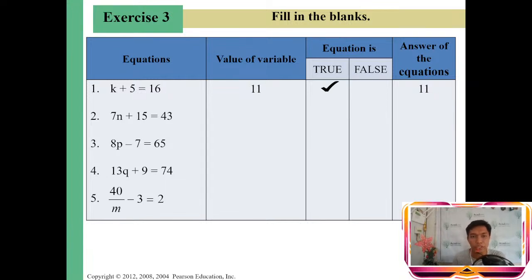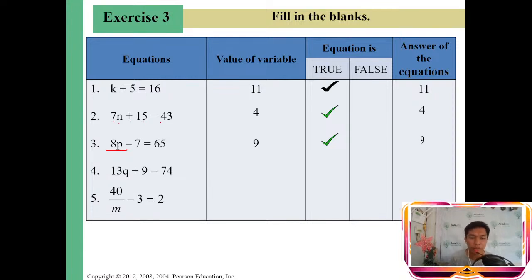Here we have 11 plus 5 plus 18. How about this one? 7 times 4 is 28, plus 15 is 43. So the answer is C. Next one: 8 times 9 is 72, 72 minus 7 is 65.